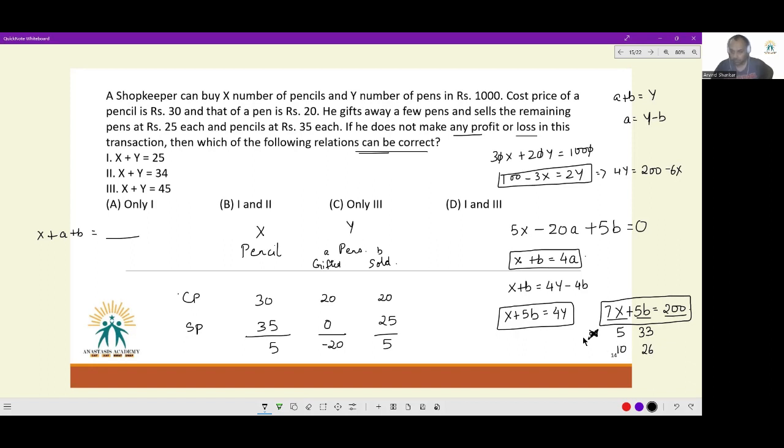This is acceptable because here, see, x is 10, b as 26 gives me 36, which gives me a as 9. So I get 10 plus 9, 19, 19 plus 26, 45. So this is a valid expression.